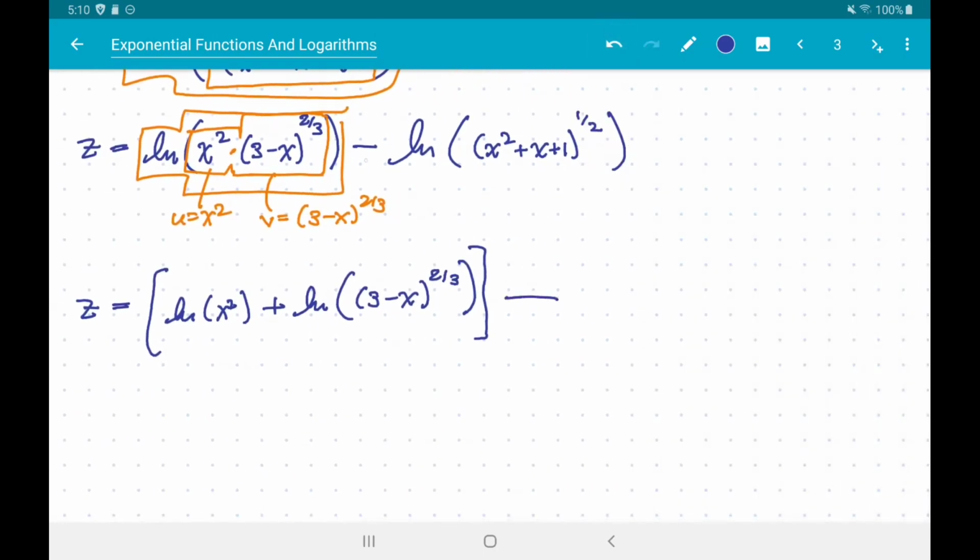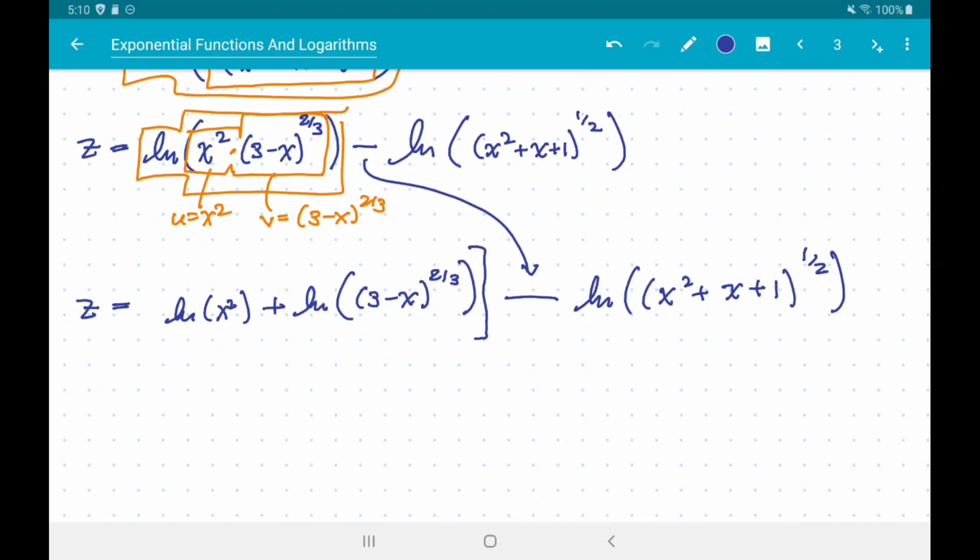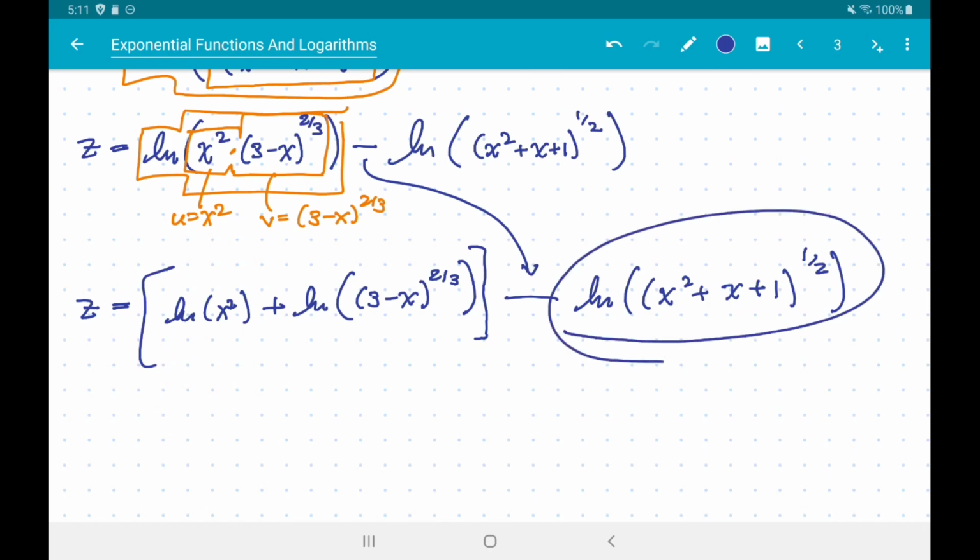I have more to do. I'm going to, for the moment, just copy this and catch my breath. You'll see in a minute why I wrote these parentheses. They're not absolutely necessary, but they are kind of helpful. Okay, let's look at this thing next.